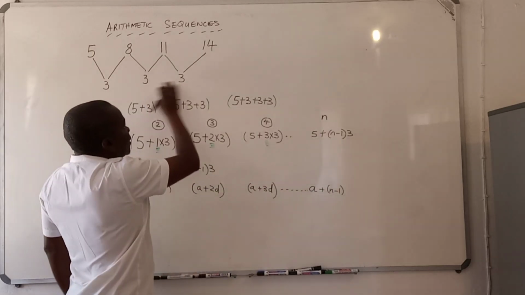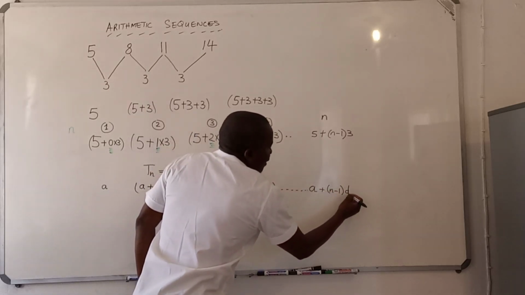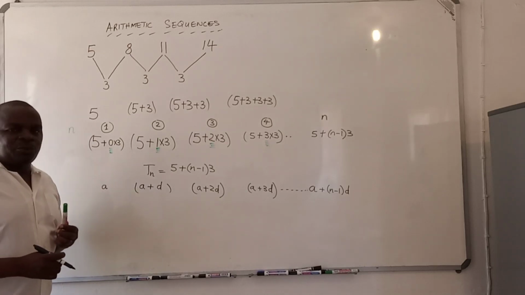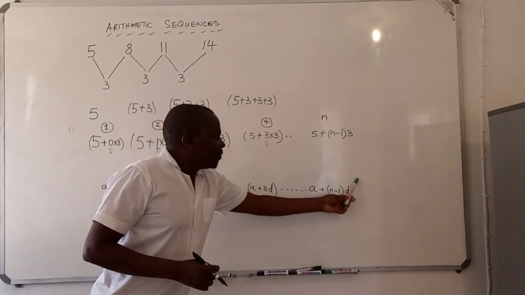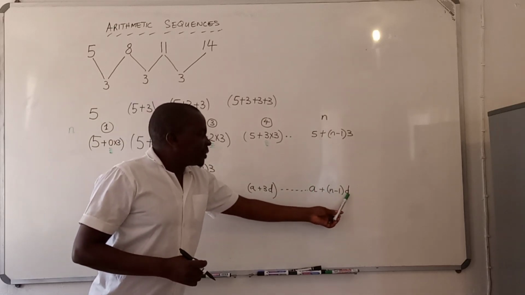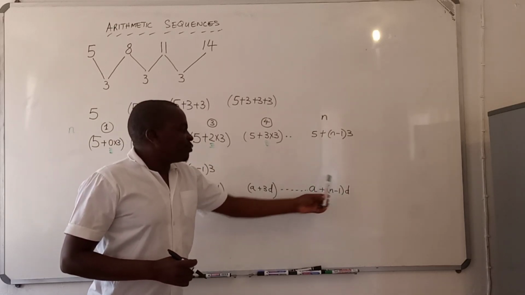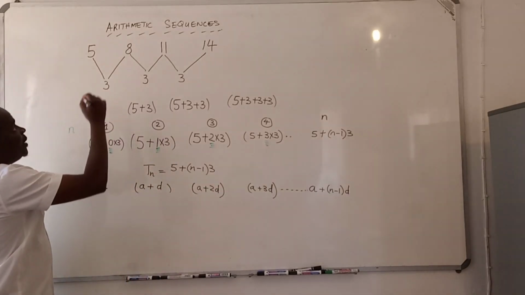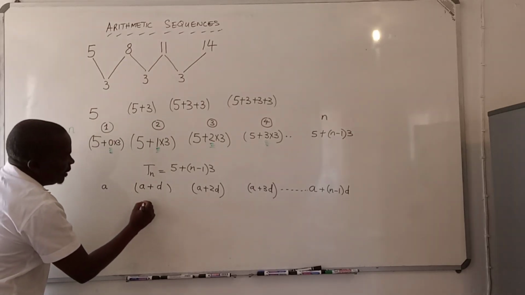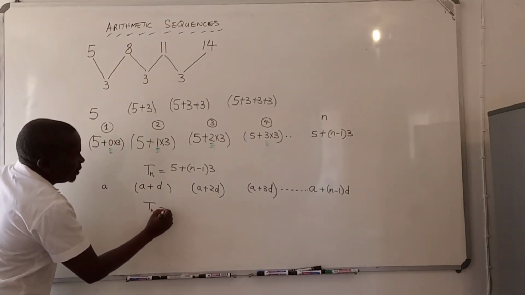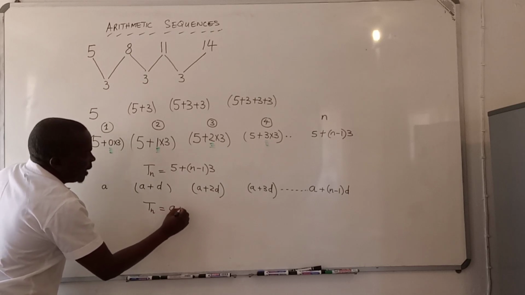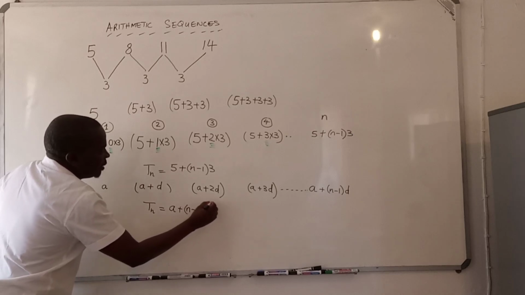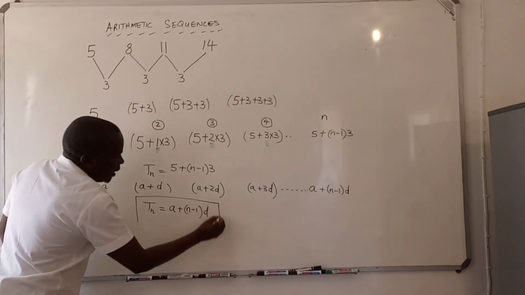This 3 is the common difference, and we're going to use the letter D. Now, the nth term of this sequence is represented by this one here, because we've got letter A, letter D, and position n. All these are the unknowns. So in general, for any arithmetic sequence, the nth term Tn is equal to A plus n minus 1 multiplied by D.